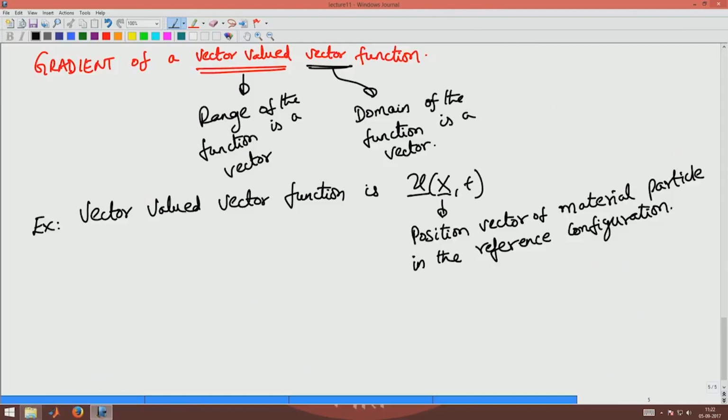Okay. So, that is the position vector of the material particle in the reference configuration, and this t denotes the time.